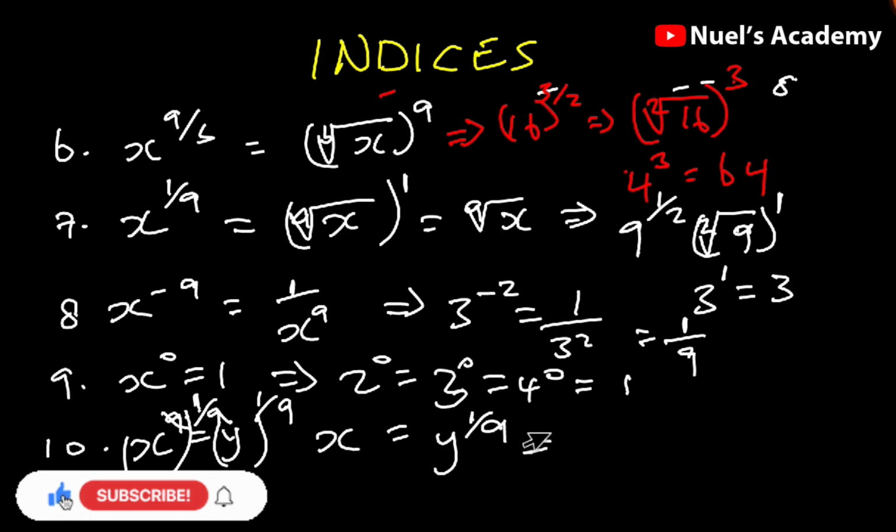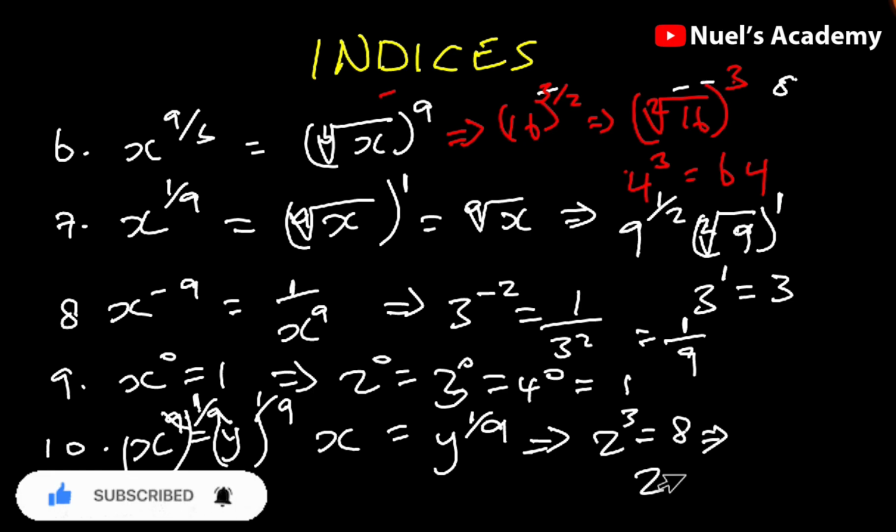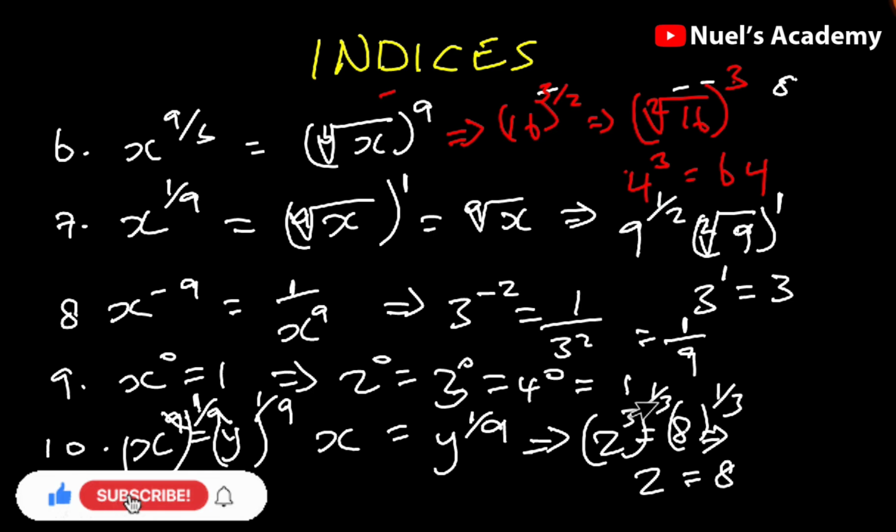So for example, if you have that 2 raised to the power 3 is equal to 8, now to write this equation in terms of 2, we are going to have that 2 is equal to 8 raised to the power of, we are going to raise both sides to the power of 1 over 3, so that this 3 multiplied by 1 over 3, this 3 and 3 will cancel. We have that 2 is equal to 8 raised to the power 1 over 3.